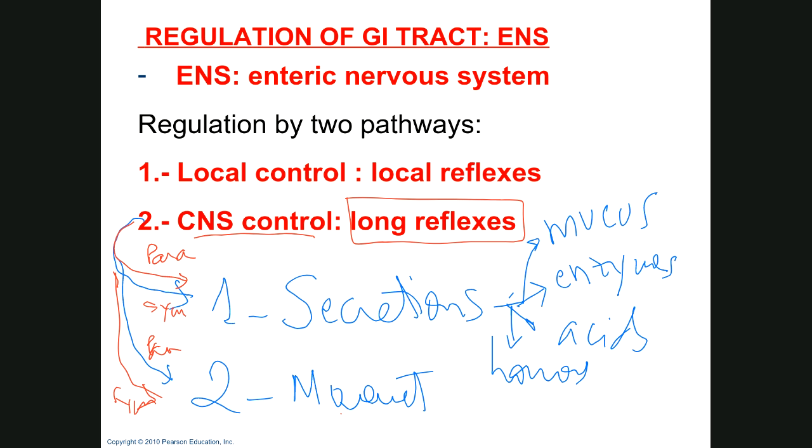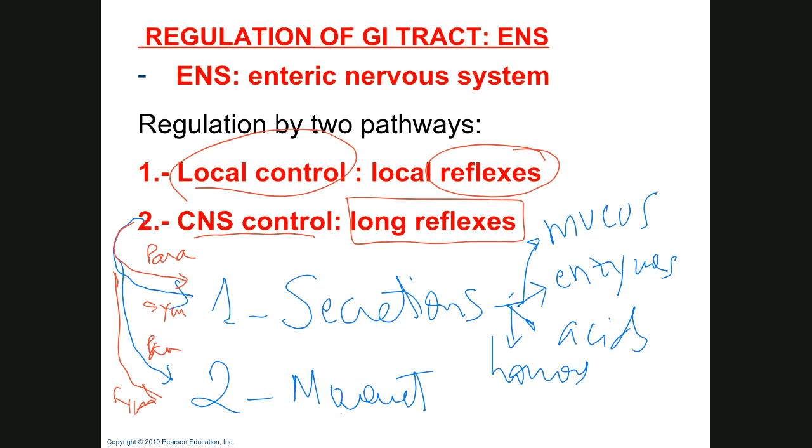Local control, however, is going to be short reflexes. That's going to be localized stimulation due to localized arrival of food and other stimuli that appear locally. So there are two responses. One is local.